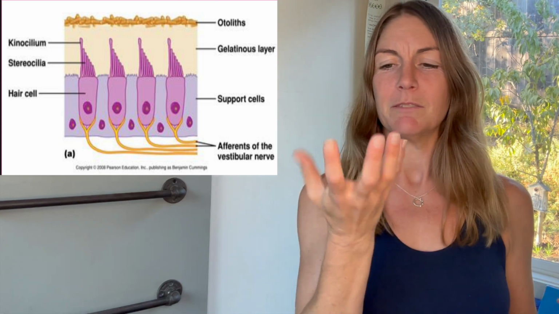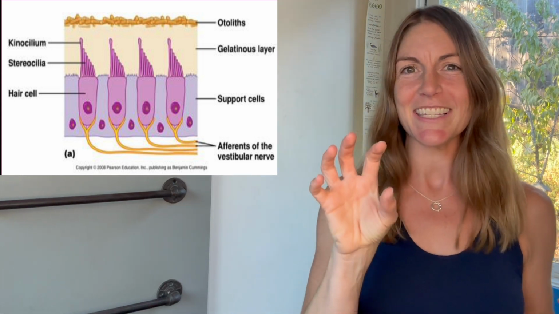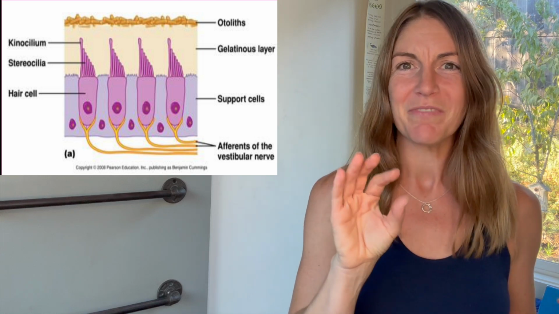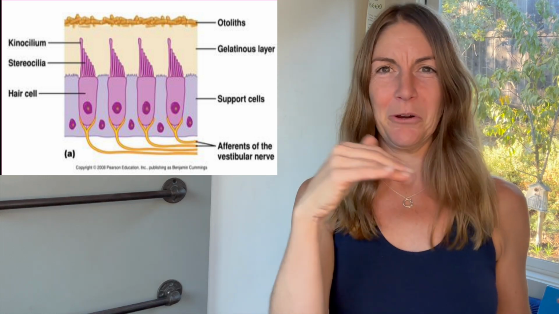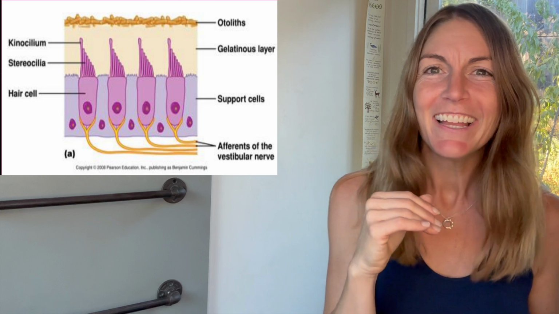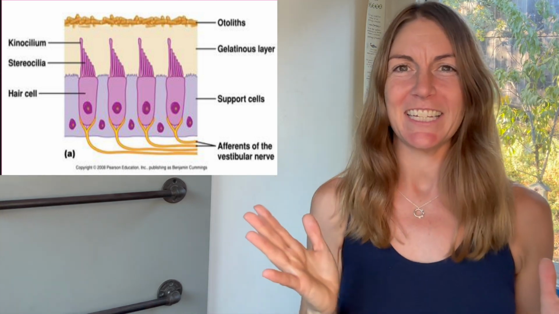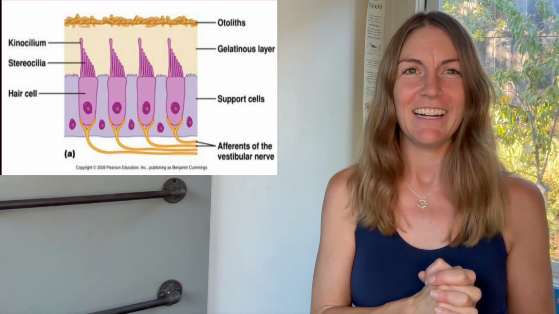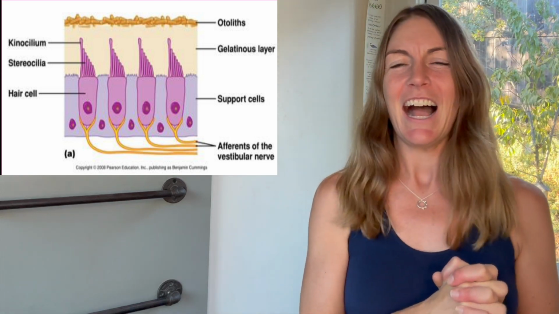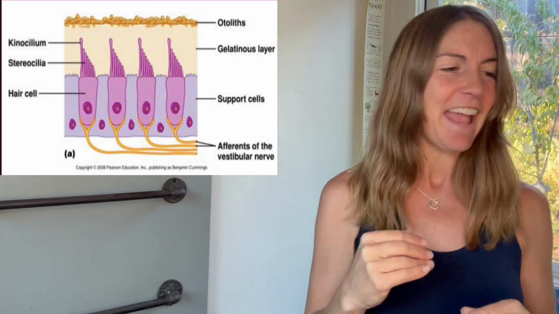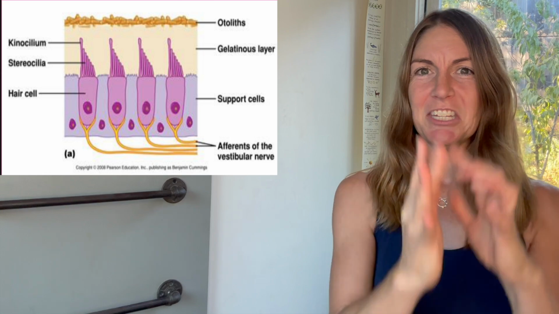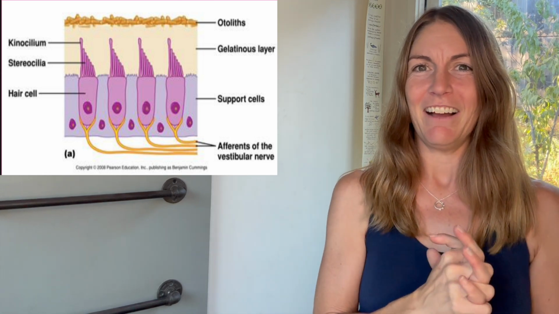They're little containers, and inside the container is jello. And on top of the jello are rocks. It sounds like some grotesque 1980s dinner dessert something. But we've got jello with rocks on it. And then again, we've got these tentacles of the vestibular nerve sticking up into the jello.